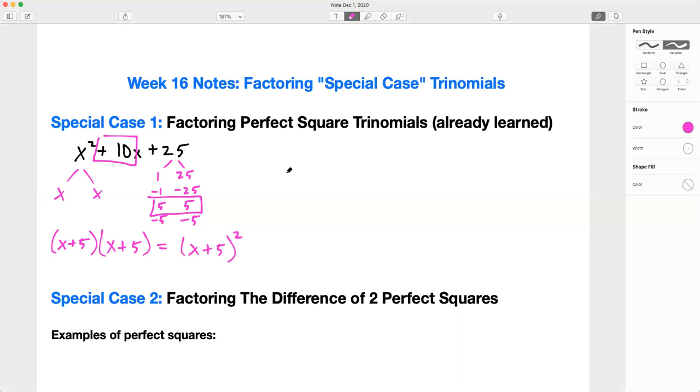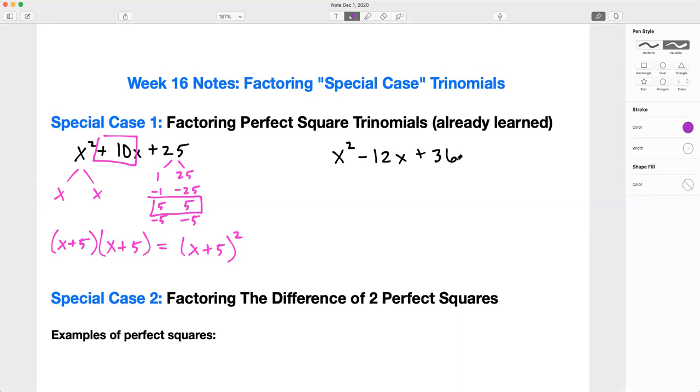Let's do another example. It's going to be x squared minus 12x plus 36. And again, I would encourage you to try this on your own before we do it.